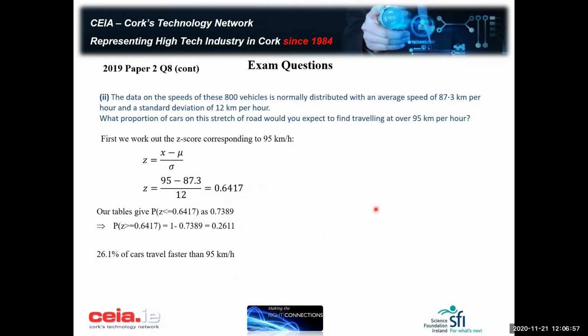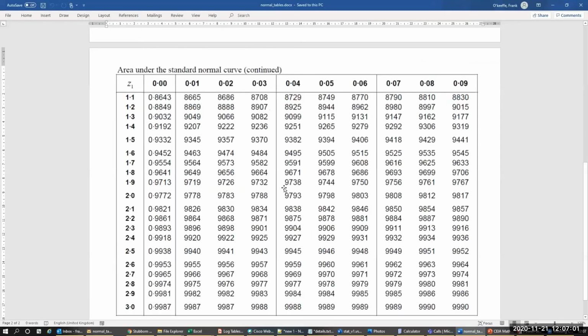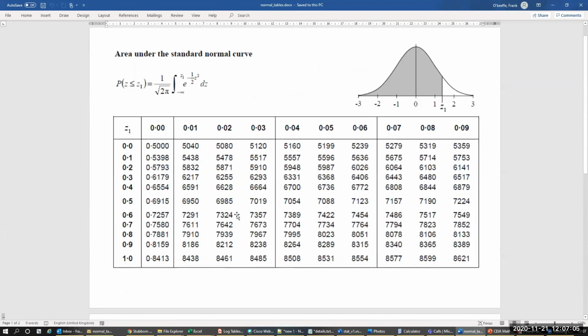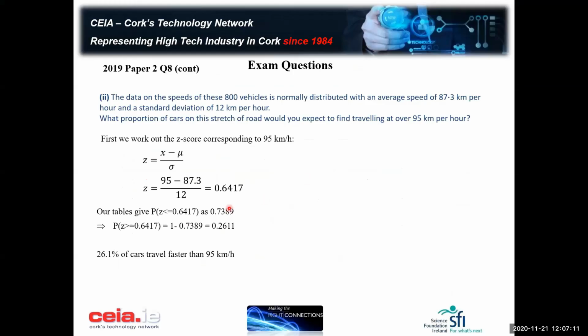Look at the table for 0.64 over here, to the 0.04, it's 0.7389. Right, and this is the probability that z is less than this, so this is the proportion that are going lower than 95.